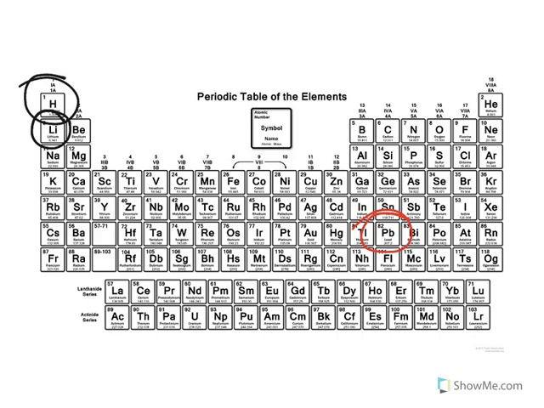That's because they've kept the abbreviation from the original Latin name of lead, which is plumbum. So you might be looking at other elements on the table and thinking, why on earth do they have those letters? That's usually because they've kept the abbreviations from their Latin names.